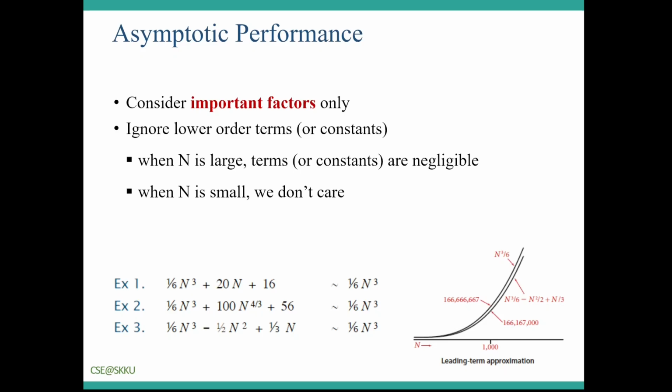Maybe this is tight, but maybe this is not tight. Since n squared is smaller than n cubed, this statement still holds. However, you should remember that big O n squared is the tightest upper bound of the insertion sort algorithm.